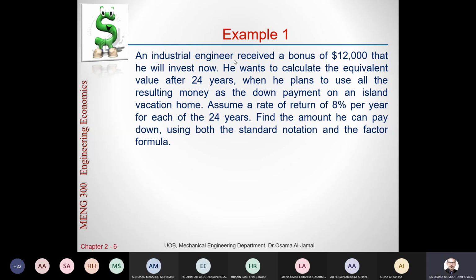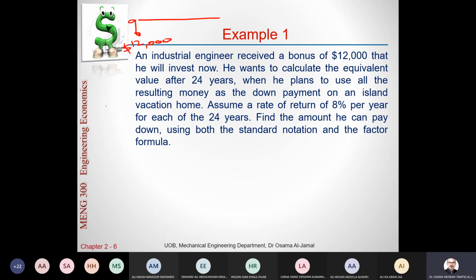An industrial engineer received a bonus of $12,000. Okay, he received that bonus. It comes to him, that he will invest now, which means what? He received it, but he's going to invest that amount. How much is that amount? $12,000.